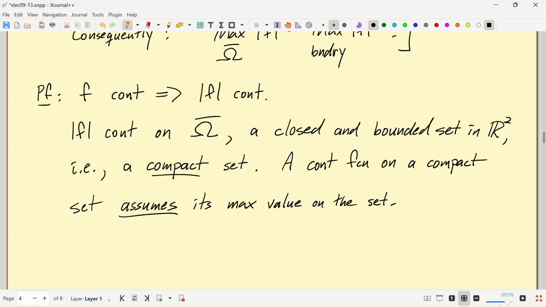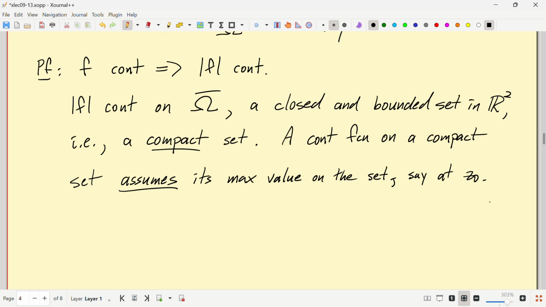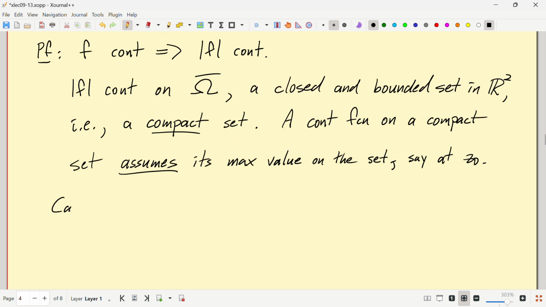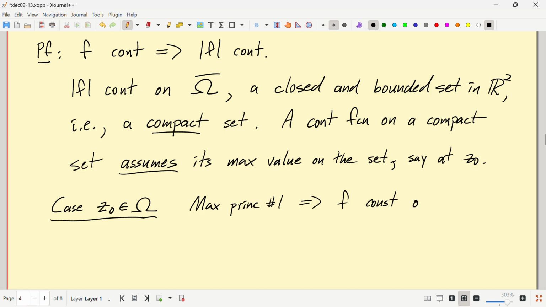Let's say at z naught. Well, there's two cases to think of right now. Trivial case is the case z naught in omega. Then maximum principle number one implies f is constant on omega.